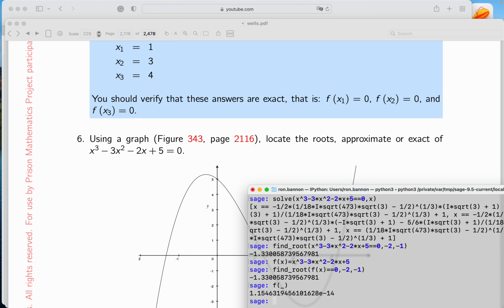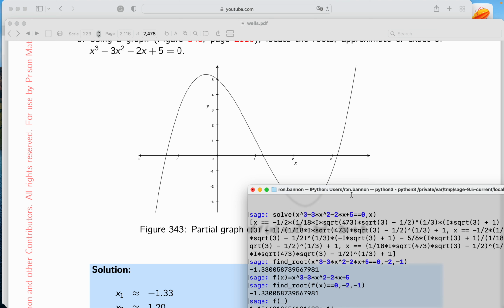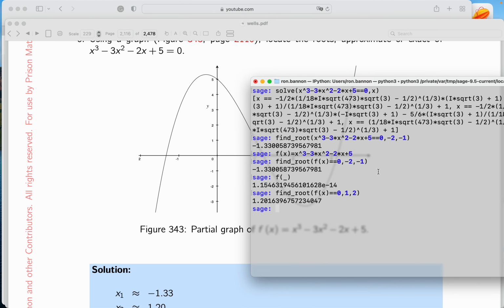All right, let's find another root. And I'm going to do now not between minus 2 and minus 1. I'm going to be between 1 and 2 now. All right, let's pull this thing up. I'm sorry about that. And now I'm going to do f of that number. It should be 0, but it's approximate, so it's going to be approximately 0, and it is.